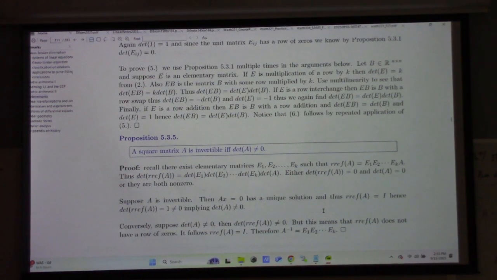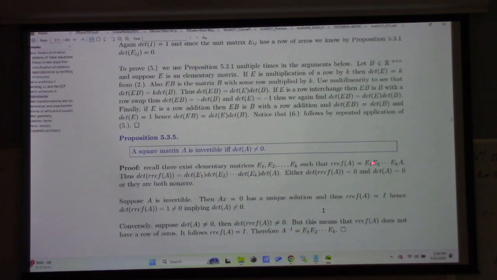All right, so getting to the point here, a square matrix A is invertible if and only if the determinant of A is not equal to 0. Remember we proved that a matrix is invertible if it can be written as the product of elementary matrices. So this first part of the proof deals with the case that it's not invertible. If it's not invertible, then there are elementary matrices E1 through EK such that the row reduction has a 0 row in it.